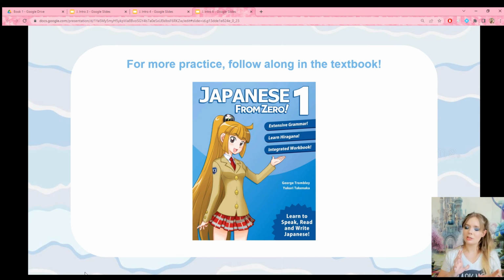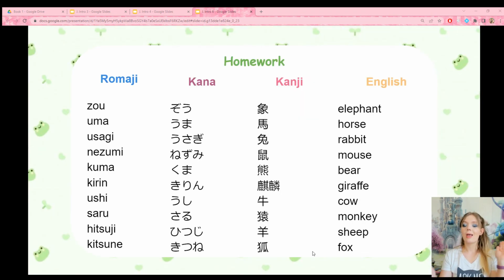I'm giving an estimate because the price could change a year or two from now. There's no telling. But as a general estimate, between $20 and $30. Very affordable for a textbook, especially a textbook that is this good. Like, this is a high quality textbook. Definitely recommend it. And as always, we have some homework.